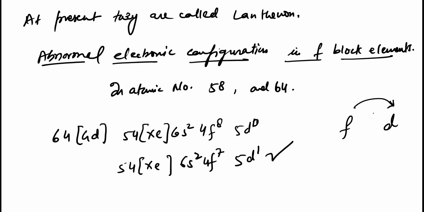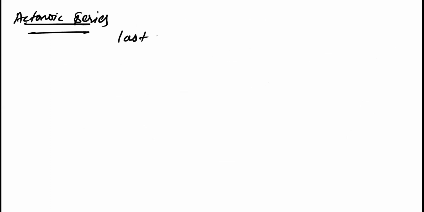Yes. Okay, the next one is the actinoid series. This is an exception, and similarly there is an exception in 58 also. You can check it there. Next one is the actinoid series. In the actinoid series, the last electron enters the 5f, because it's the seventh period.